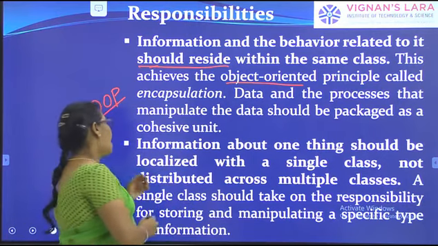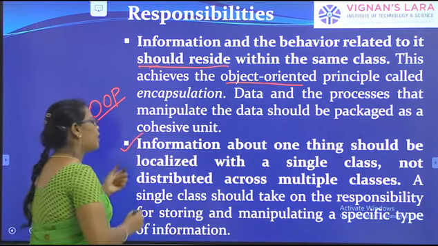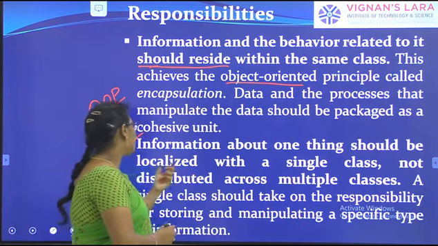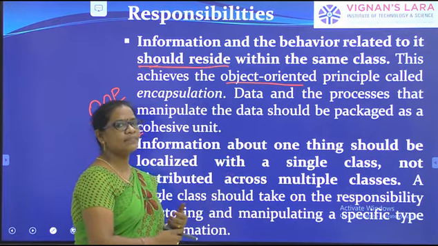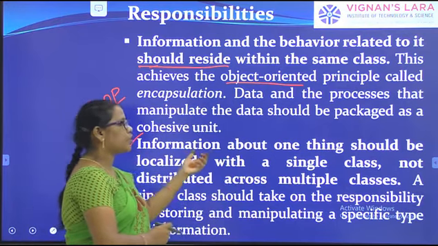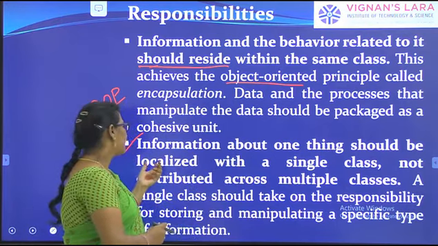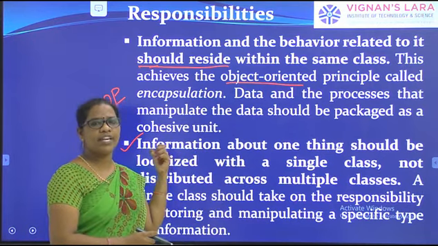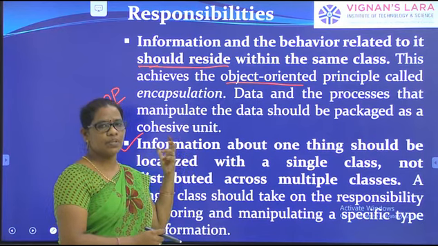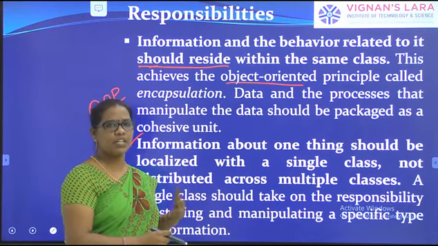Okay. And next, the fourth point is information about one thing should be localized within a single class, not distributed across multiple classes. Whatever information you are sharing should be localized within a single class. In the hierarchy, as I said, whatever you represented in class A, you can use in B or C, whatever it is.